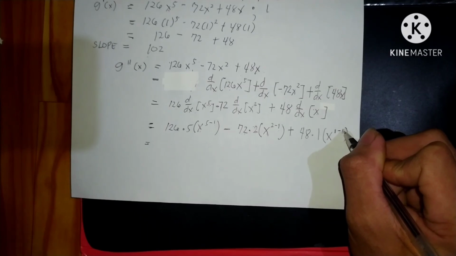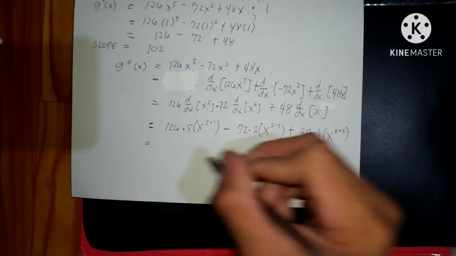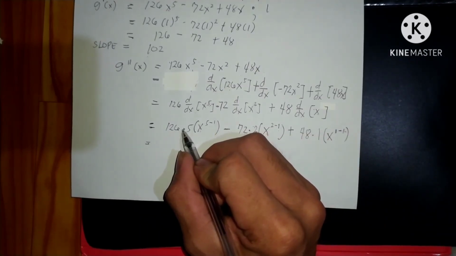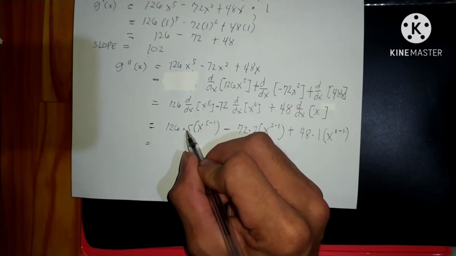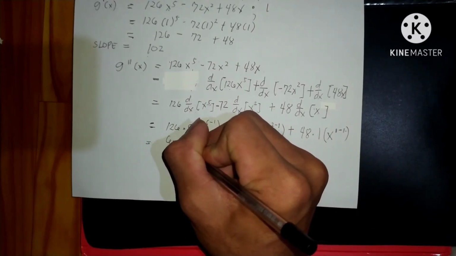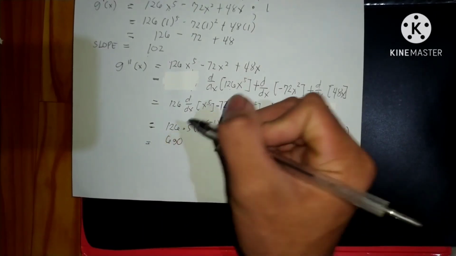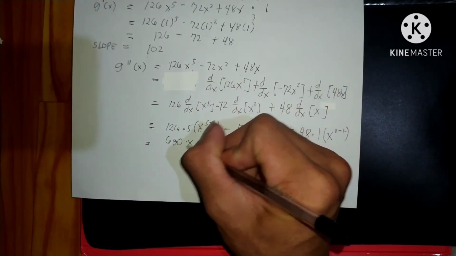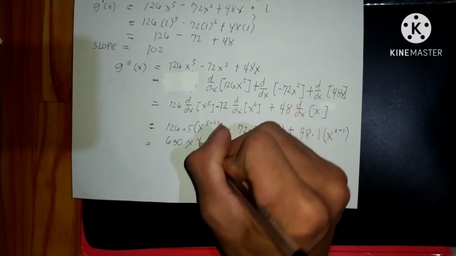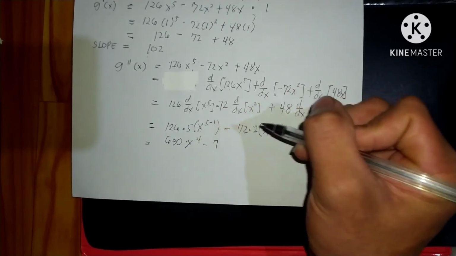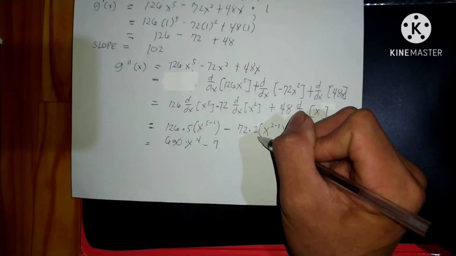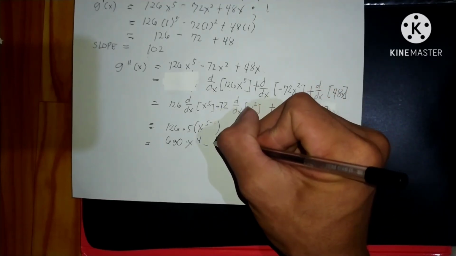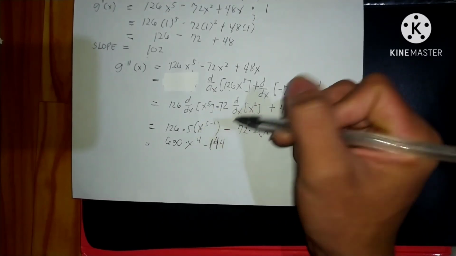Ang susunod na mangyayari, i-multiply natin ito. 126 times 5 is equals to 630. So, copy this variable x. So, 5 minus 1 is equals to 4, minus 72 times 2 is equals to 144.